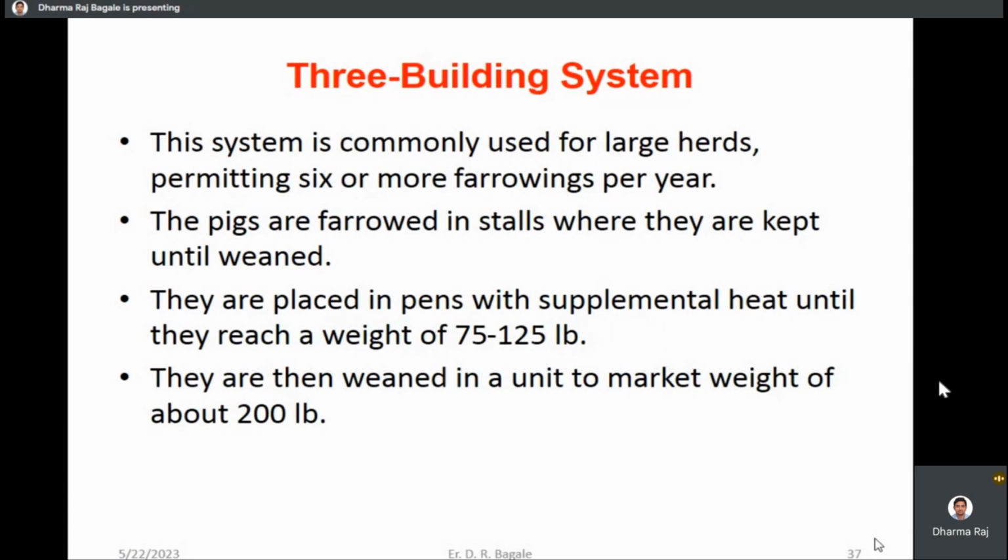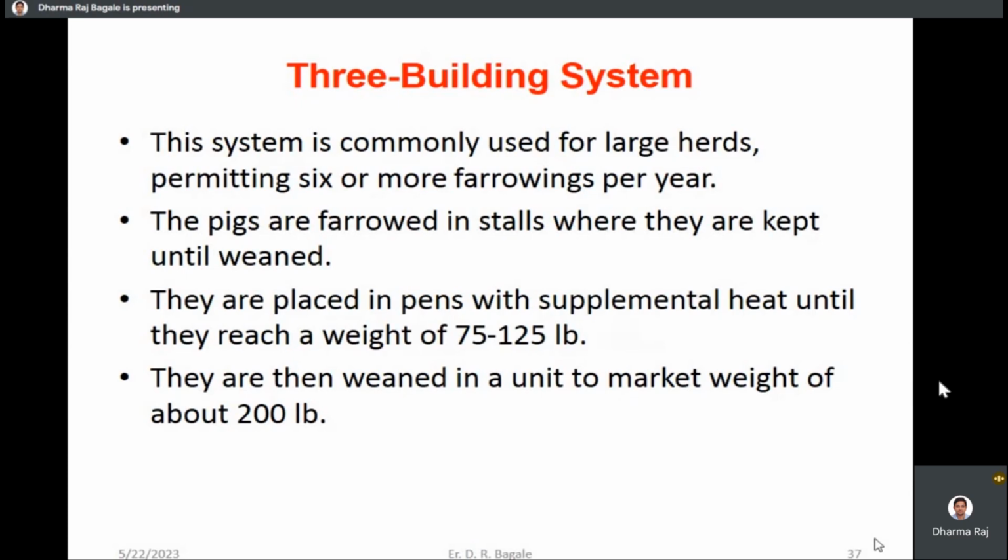While the piglets rely on their mother for milk, we keep them with the mother. After that, when they start supplementing their diet from an external source, we transfer them to another building, where they stay until they reach 75 to 120 pounds, and the piglets are provided with supplemental heat.